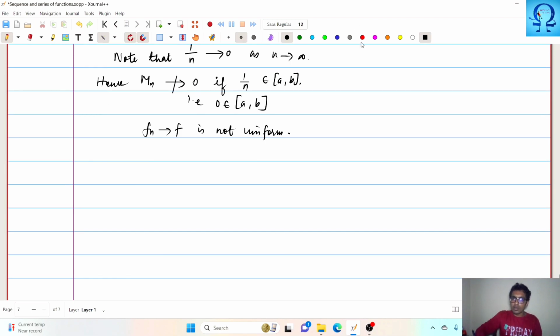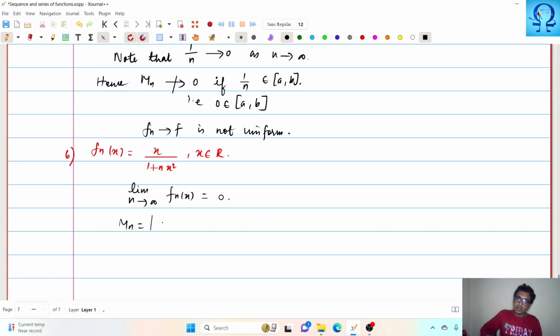Okay, we will look into one more problem. fn of x is given to be x upon 1 plus nx square, and x can be any real value. We have to check whether it converges uniformly or not. First of all, what is the pointwise limit of this function? The pointwise limit is 0. And Mn is what?